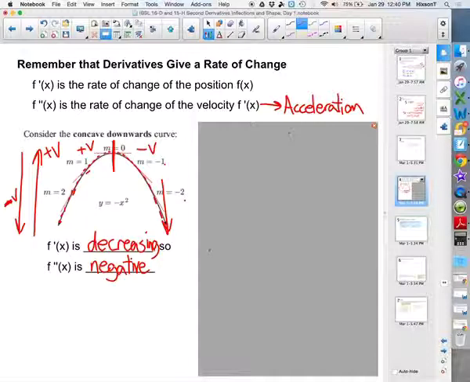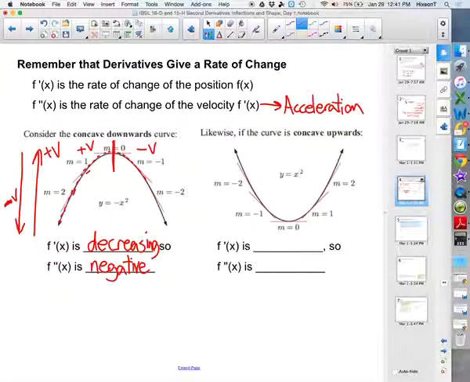So you still have a negative acceleration. We'll talk about that more, and we'll do some more applications I think will make sense. But for right now, I think we've got enough.